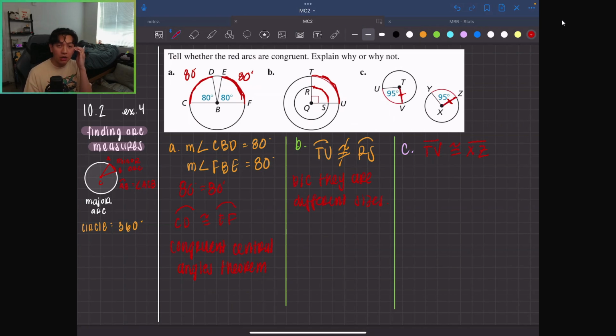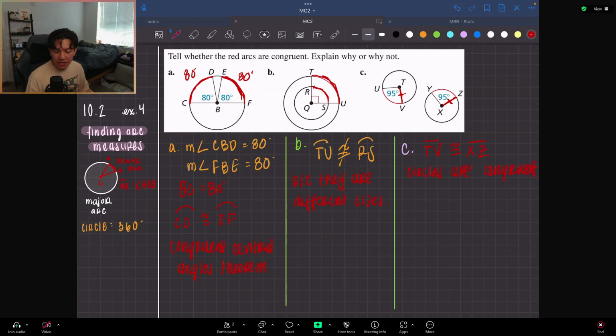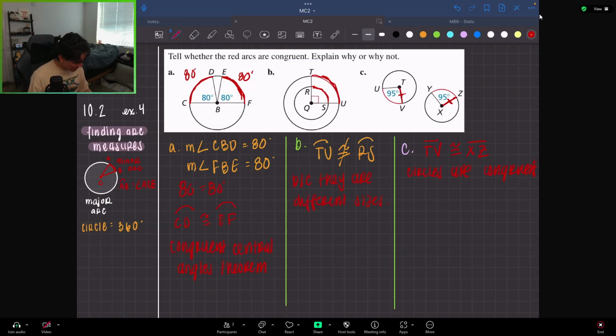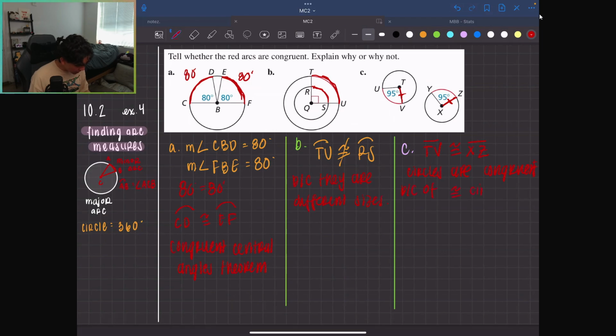If two radii are congruent, that means that the two circles are congruent. So we know that the circles are congruent because of the congruent circles theorem. If two radii are congruent, then the circles are congruent as well.